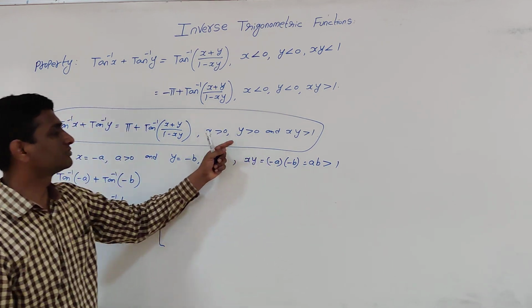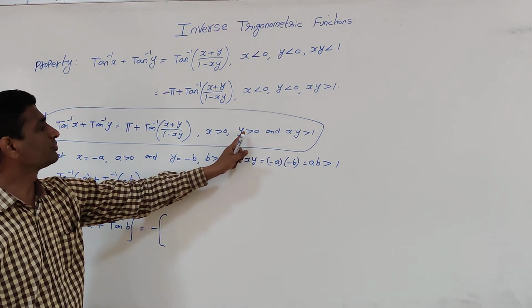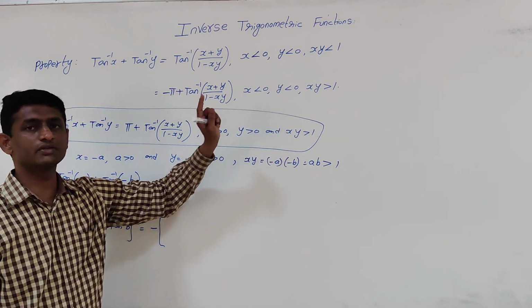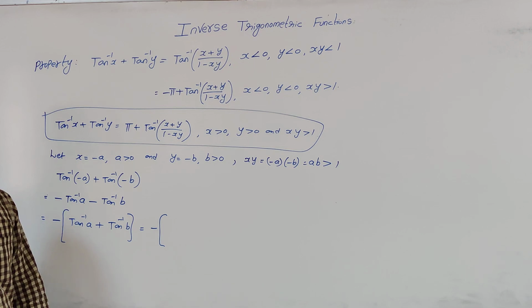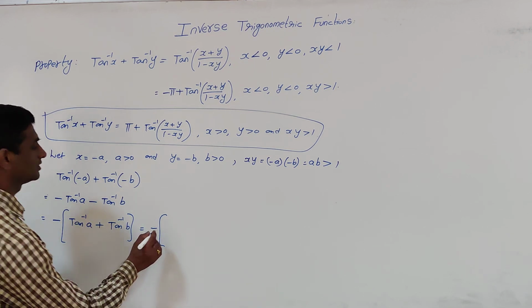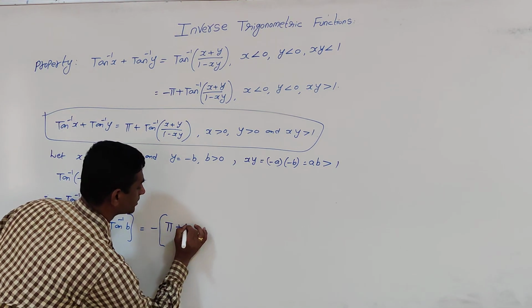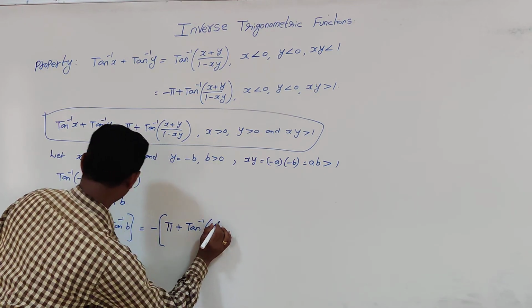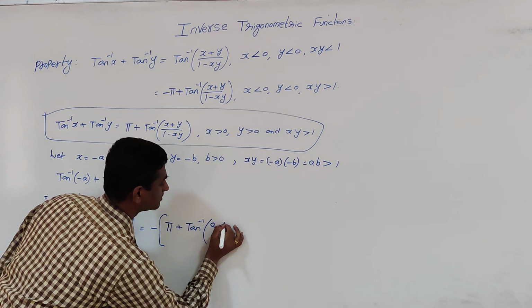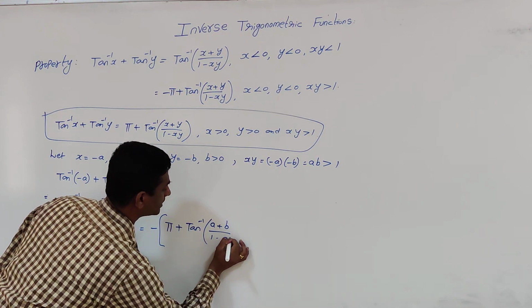Means we are taking this formula: if x is greater than 0, y is greater than 0, and the product xy is greater than 1, it will be pi plus tan inverse of (x plus y) by (1 minus xy). So here it will be pi plus tan inverse of (a plus b) by (1 minus ab).